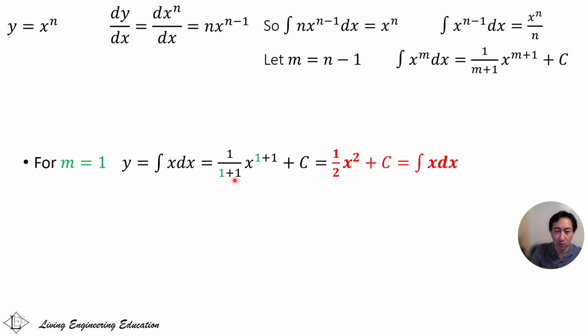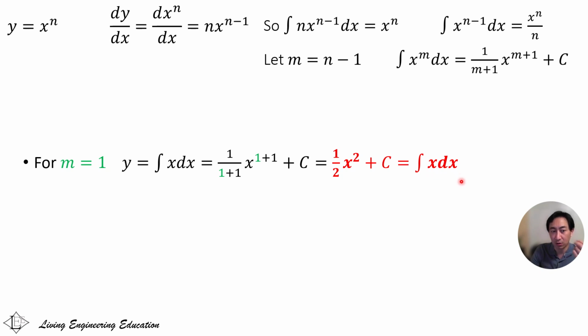So I put in green text here where the m term comes from. So this is x to the power m, x to the power 1 in this case. So x to the power m plus 1, or 1 plus 1, plus c. So 1/2, right? 1 plus 1, x squared, 1 plus 1 again, plus c. That's the integral of x dx.